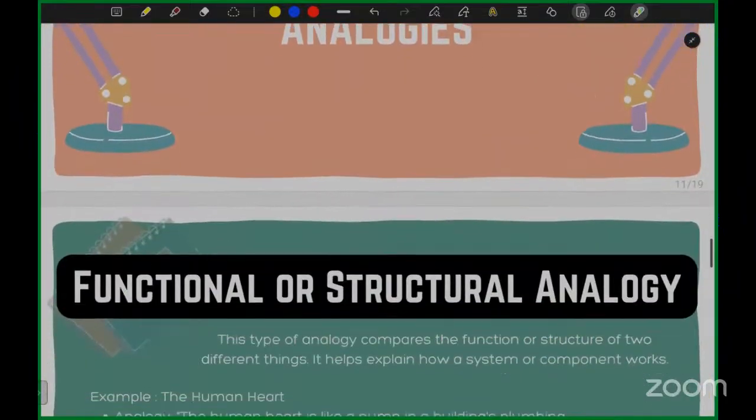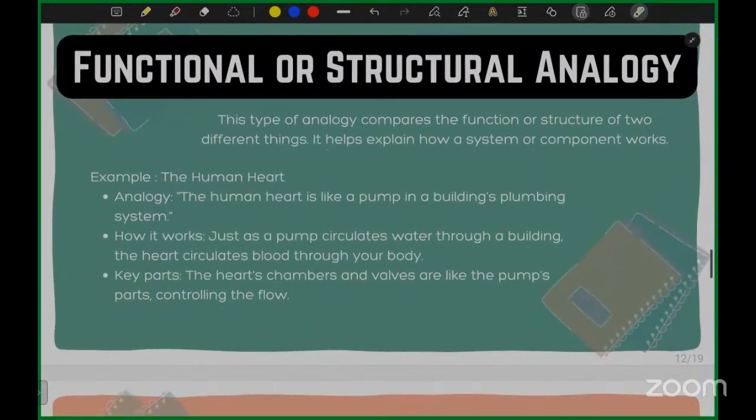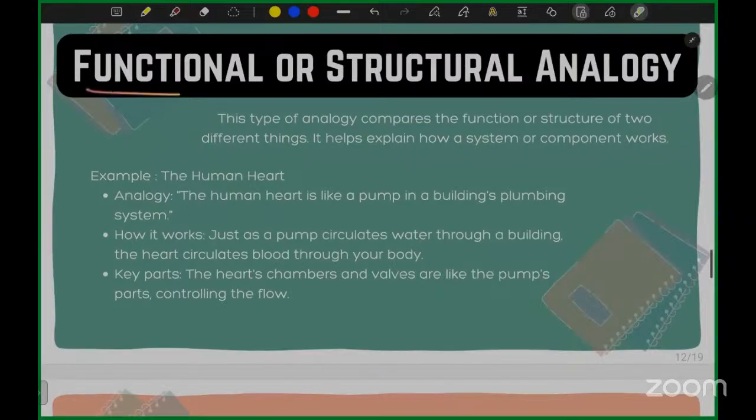Initially, the first and foremost type is called functional or structural analogy. This is kind of a new way, in my opinion.